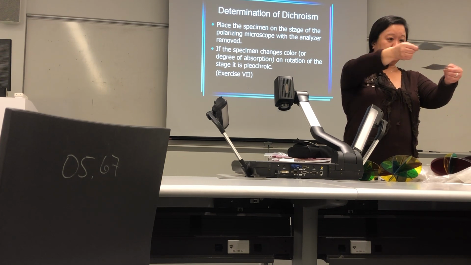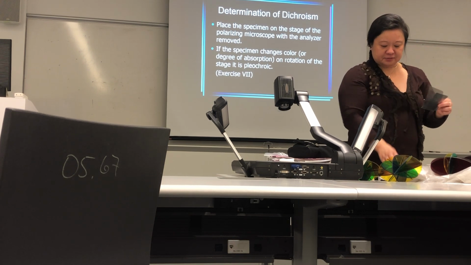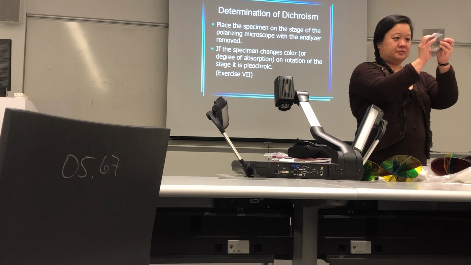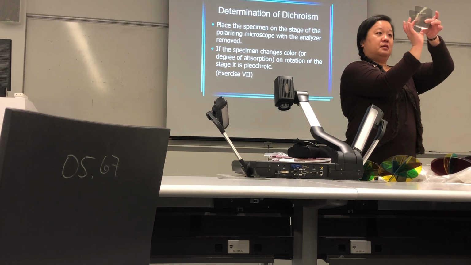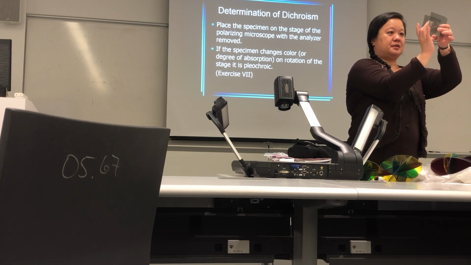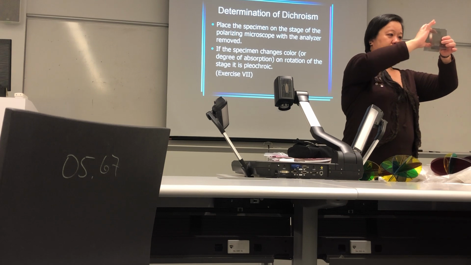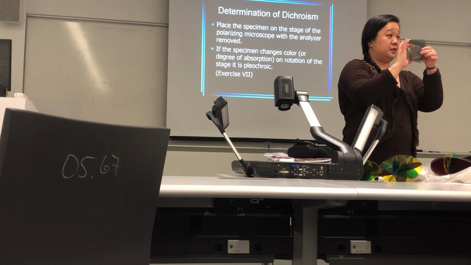By the time you put in something like this, and then you have some kind of crystal like this, you can see that. It's a little bit of an experiment. Light's going through, light's not going through. This is like a macro version of what you're actually doing through the microscope.